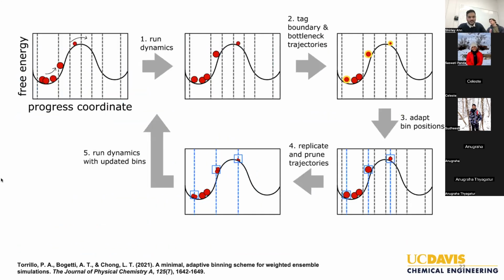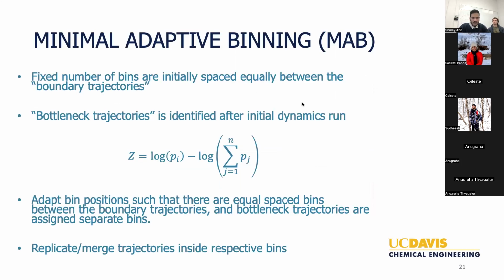The boundary trajectories are those at the highest and lowest point with respect to the progress coordinate. The one which has the lowest progress coordinate and the one which has the highest progress coordinate are chosen as the ends, and we initially construct equally spaced bins according to a number that we want.